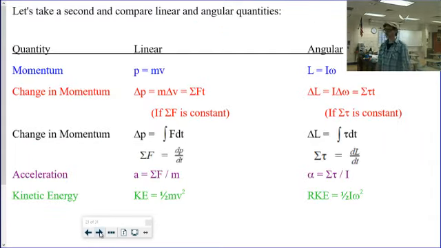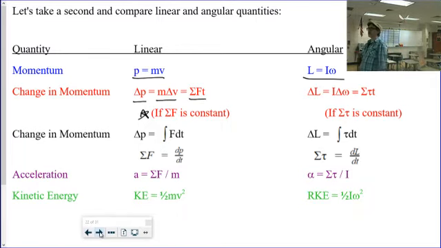Let's take a quick look at the stuff we've learned. Like last time, every one of these linear equations has a corresponding angular equation. We've already talked about this top row. Momentum is mass times velocity. Angular momentum is rotational inertia times angular velocity. So if your net force is constant, then your change in momentum, mass times change in velocity, is equal to net force times time.